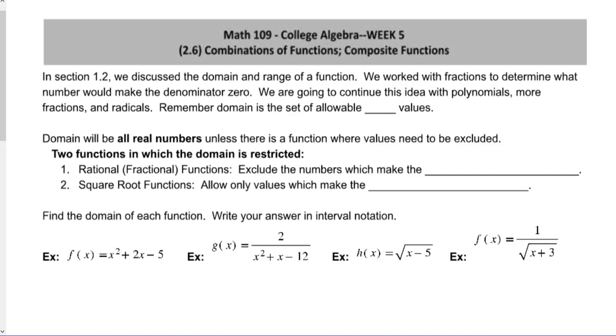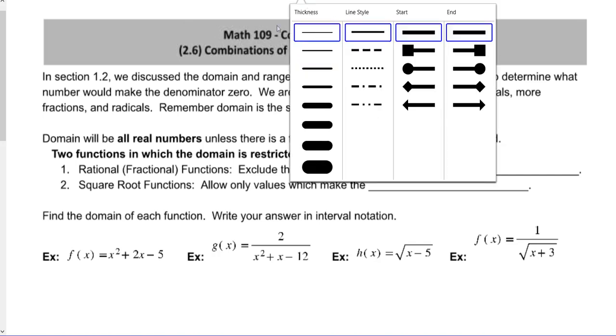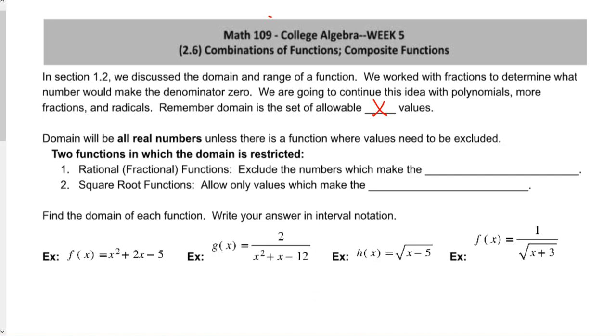We are going to continue this idea with polynomials, more fractions and radicals. So remember that the domain is the set of all allowable x values. All about allowable x values. So the domain will be all real numbers unless there is a function where values need to be excluded.